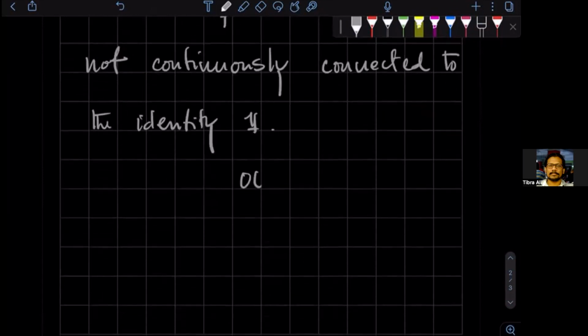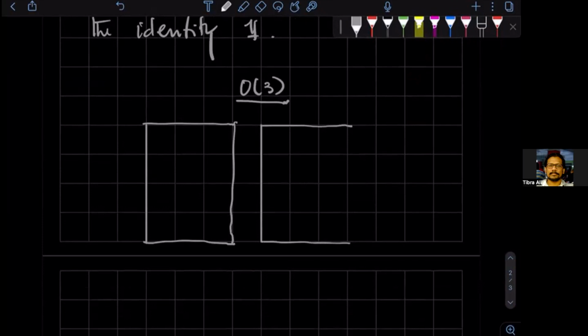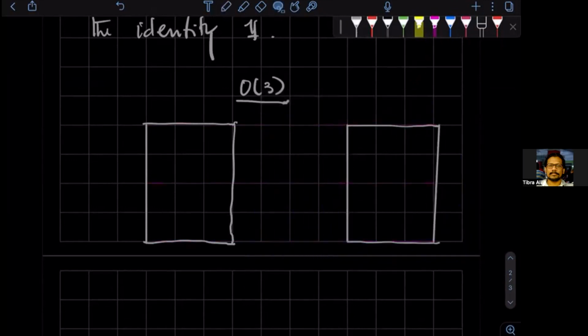Let me, since you like pictures so much, suppose this is O3. O3 has essentially 2 disjoint components in terms of continuity. Okay, and one of the components corresponds to all the determinants equal to +1, and the other to all the determinants of matrices equal to -1.